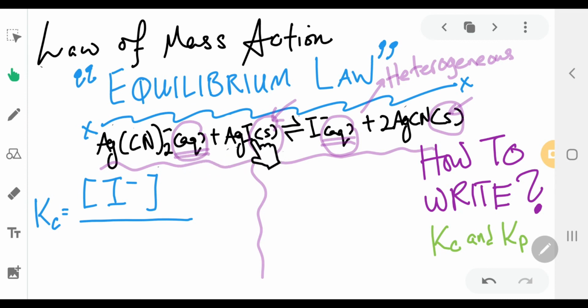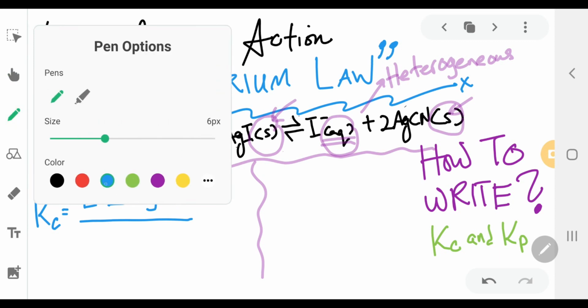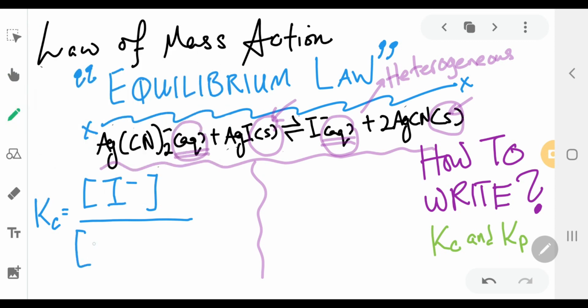Okay, this is your solid, so it is not going to be included. Remember that. We're only going to take into account this. So the concentration of Ag(CN)2 minus, and you close that square bracket because your aqueous reactant over here is 1 mole. You have to the power of 1 there.